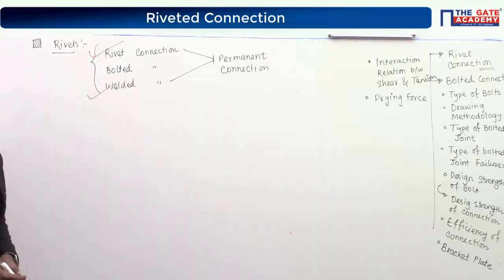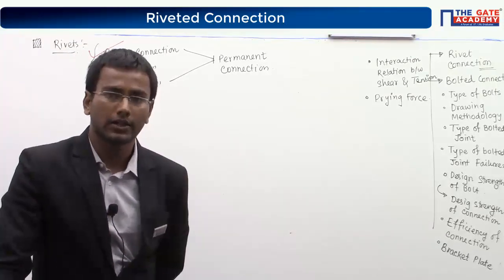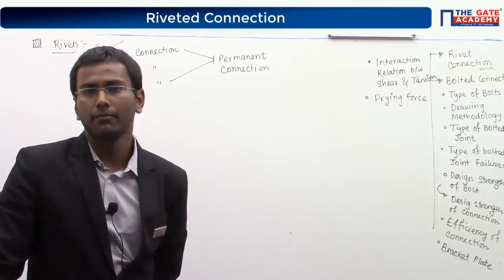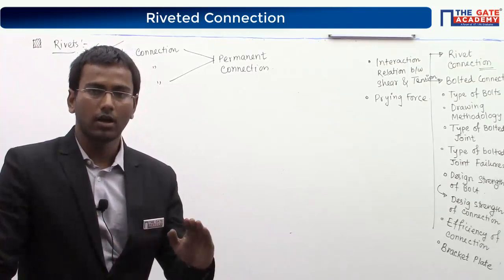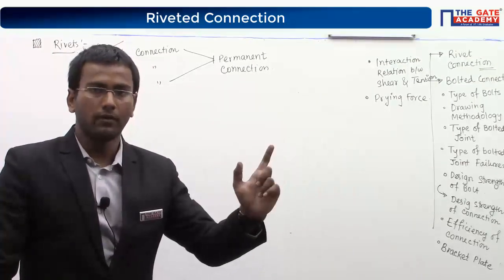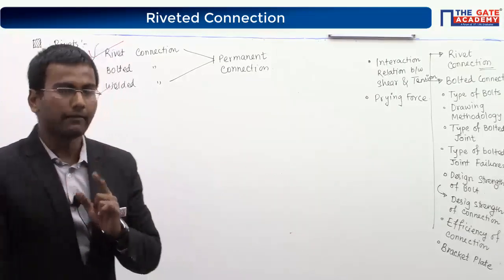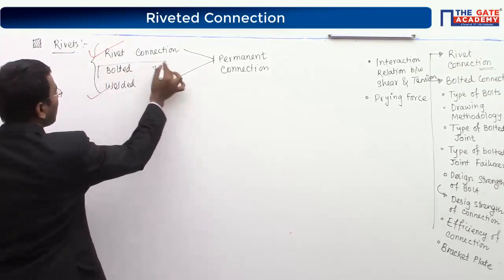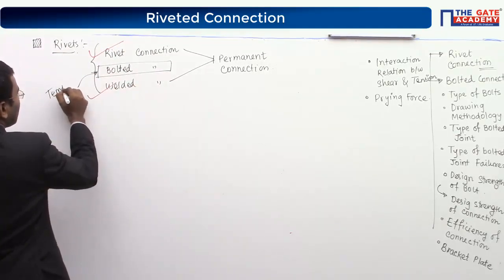Why? Because if you make a riveted connection or welded connection, you cannot remove or replace it totally. You can remove it, you can actually erase it, and you can remove and replace, but you cannot do it totally. But a bolted connection is actually a temporary connection.